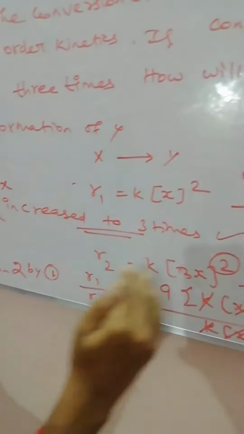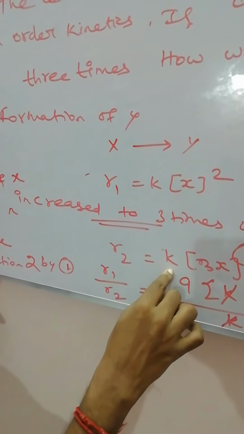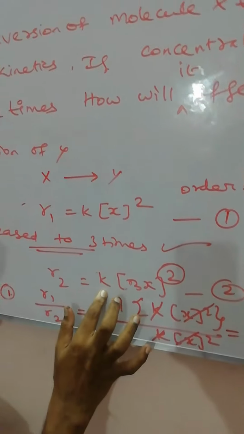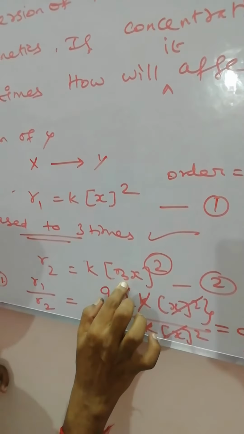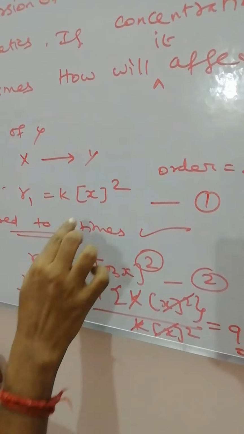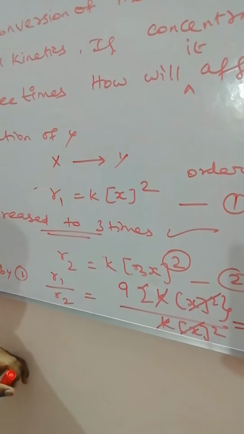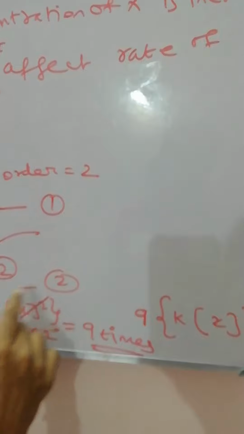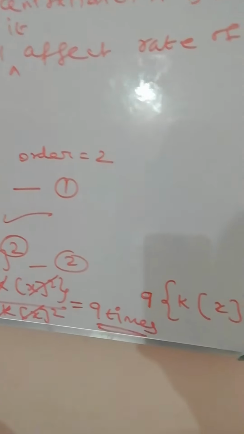Then we write R2 equals K, K is a constant, into 3X the whole square. In X we substitute 3X. While simplifying, 3 square is 9, X square, right?